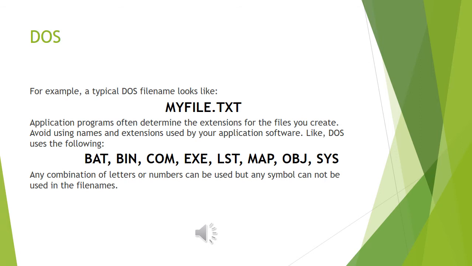Avoid using names and extensions used by your application software, like DOS uses the following: BAT, BIN, COM, EXE, LST and so on. Any combination of letters or numbers can be used, but symbols cannot be used in file names.